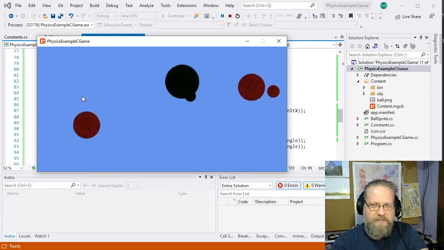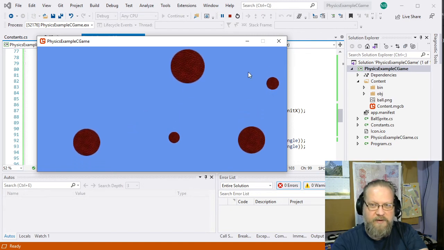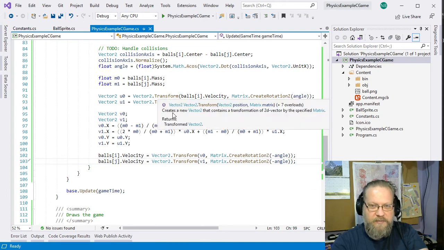So depending on the type of game you're building, like if it was an asteroids game, this might be perfectly fine behavior. However, if you're doing something like a pool game, obviously that's not very realistic.